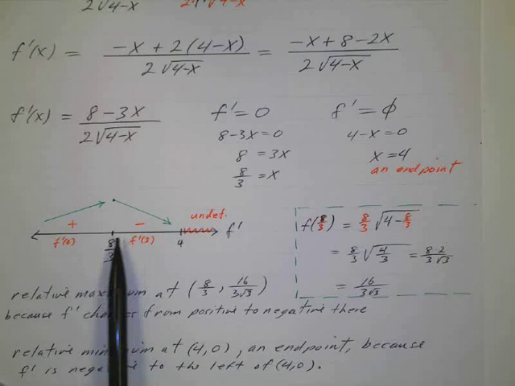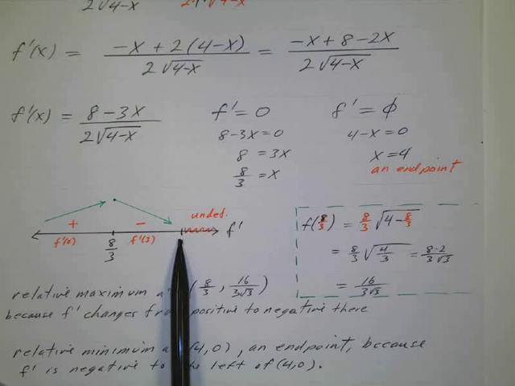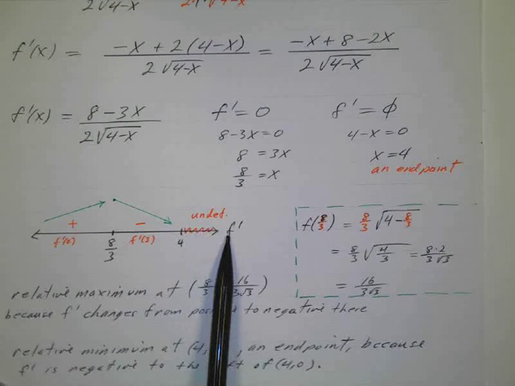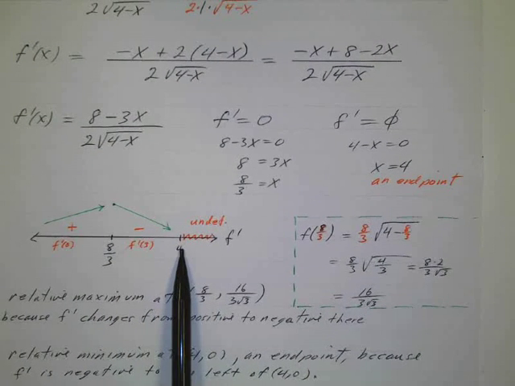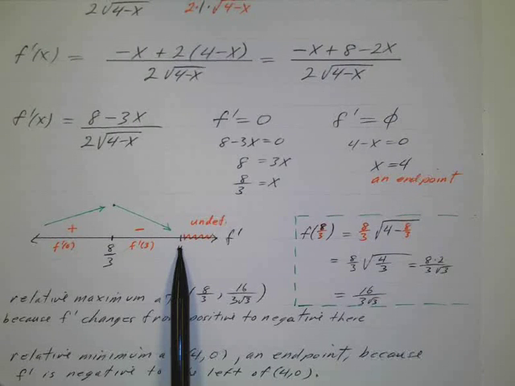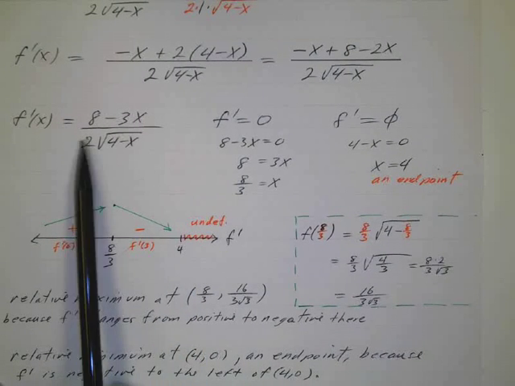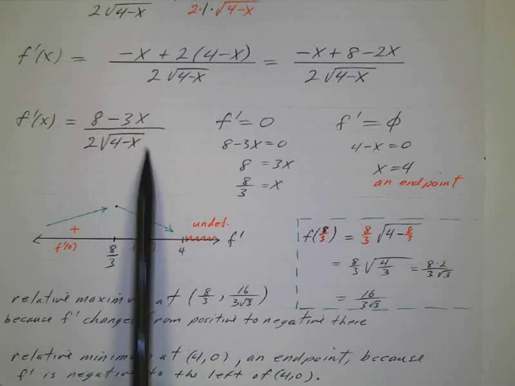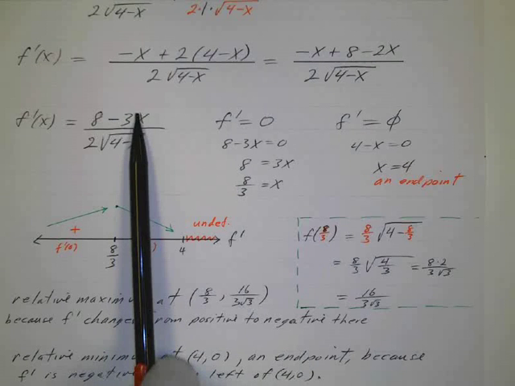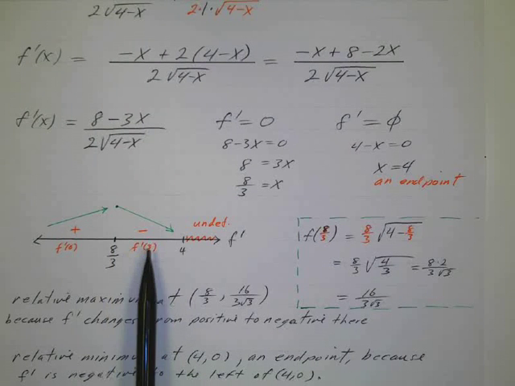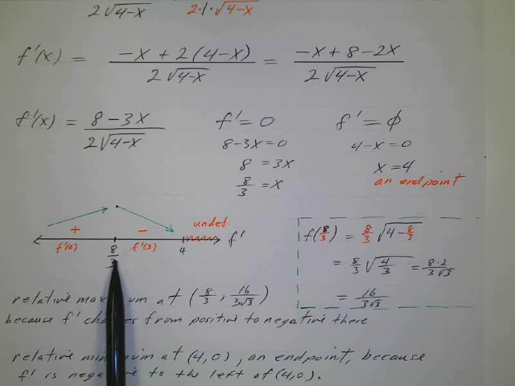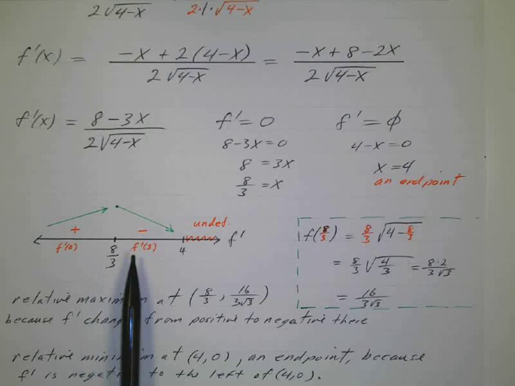So we can put our 8/3 and our 4, but then it's undefined to the right, so that's the right endpoint of our function. And we can put some values into the derivative. If I put 0 in here, this bottom's always going to be positive, so I don't have to worry about that. So if I put 0, the top is positive. If I put 3, which is just to the right of 8/3, the top is 8 minus 9, which is negative 1, so that's negative.